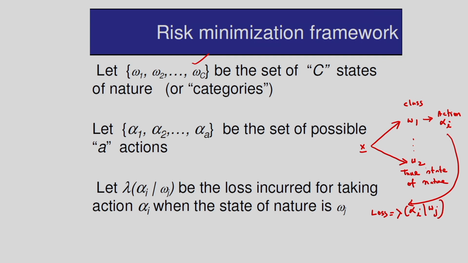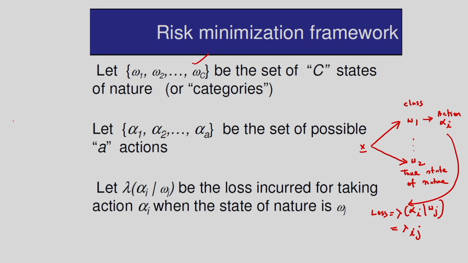So a particular action is considered, the action is alpha i, corresponding to the class Wj. So that is the loss I can define like this. So loss is nothing but lambda ij. That means action alpha i is considered for the class Wj.